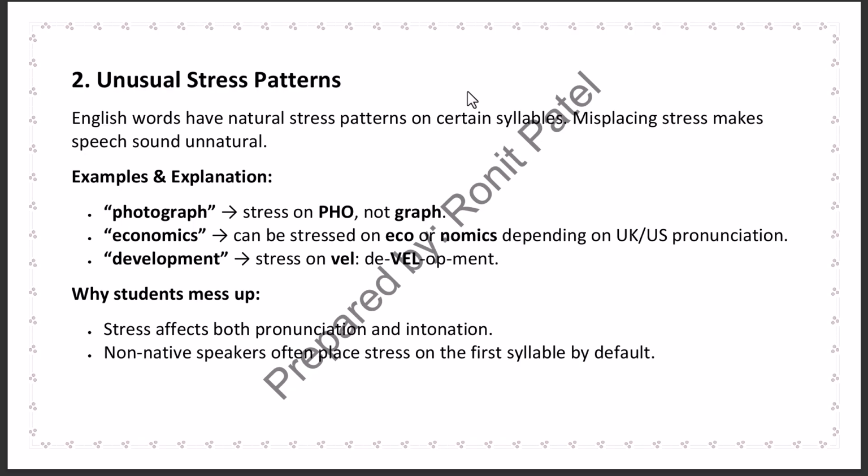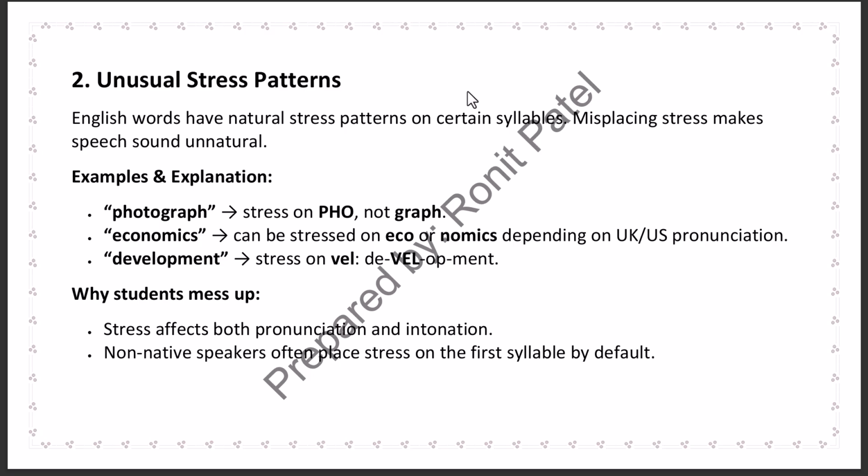Now we move into something even more important than sounds, word stress. This is where many advanced students still lose marks because they pronounce every letter correctly, but the word still sounds strange. Why? Because English is a stress-timed language, not a syllable-timed language.